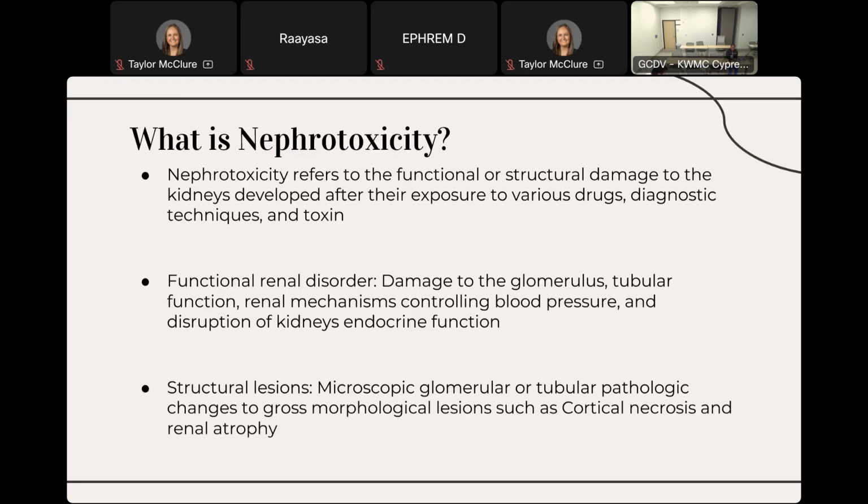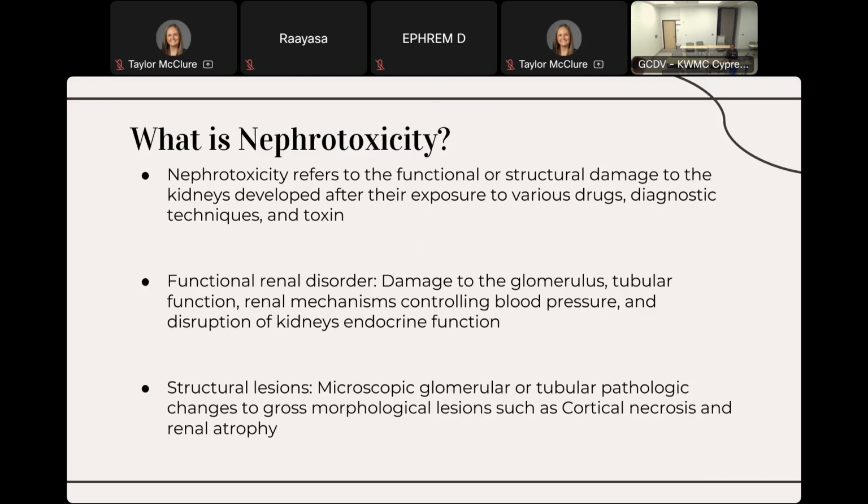So what is nephrotoxicity? Nephrotoxicity refers to functional or structural damage to the kidneys that develops after exposure to certain substances. They could be various drugs, diagnostic techniques, medications, and certain toxins. When we say functional renal disorder, we are talking about damage to the glomerulus, tubules, or the kidney mechanisms that control other things like blood pressure, and the disruption of the kidney endocrine function.